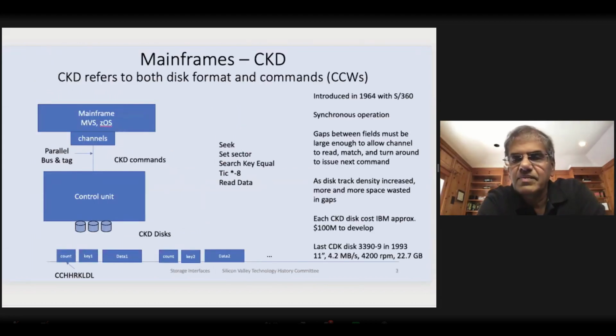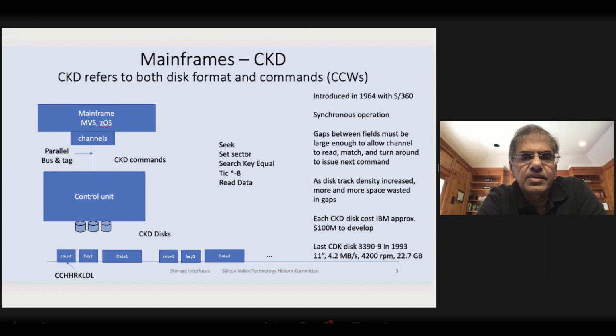So I'm going to begin about 20 years before I actually joined IBM, back in 1964, with the IBM System 360, which was the introduction of count key data. Count key data really refers both to the format on the disk and the way you spoke to the control unit and the disks with these channel command words. As you can see in the picture, the mainframes had channels. You could kind of think of them as host bus adapters today, I suppose.